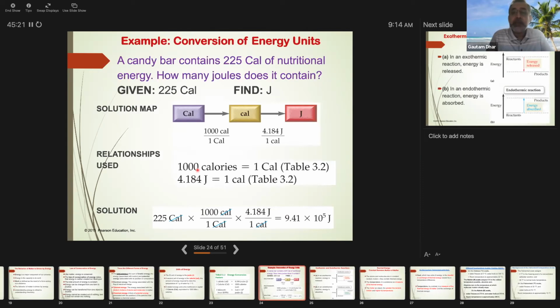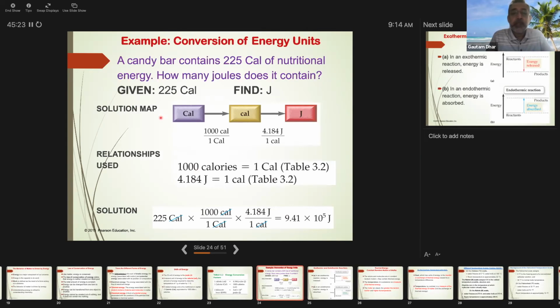Here are some examples using these conversion factors. Big Cal to joule: a candy bar contains 225 big Cal of nutritional energy. How many joules does it contain?